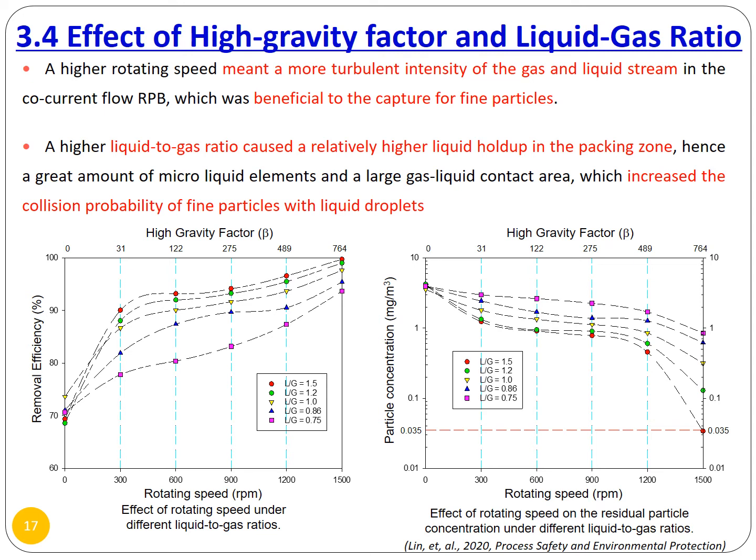And the left-hand side figure shows the higher liquid to gas ratio can cause a relatively higher liquid holdup in the packing zone. It means when we put more liquid into the reactor, they can create more tiny droplets, which can capture more particles from the gas phase. So it also can increase the collision probability of the fine particles with the liquid droplets.